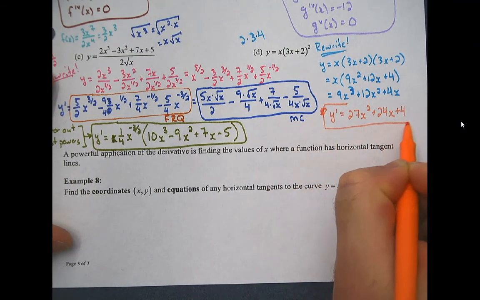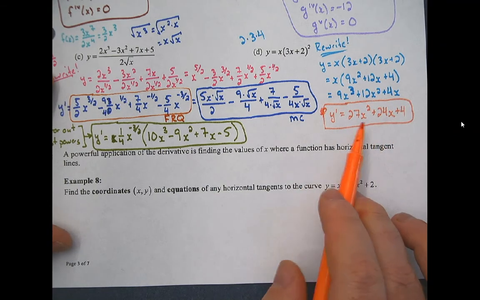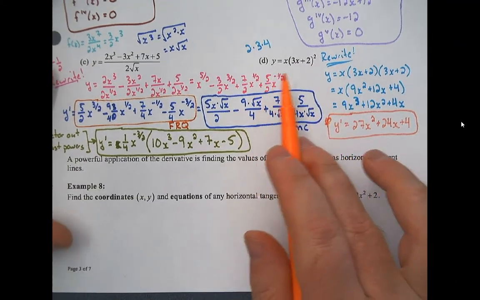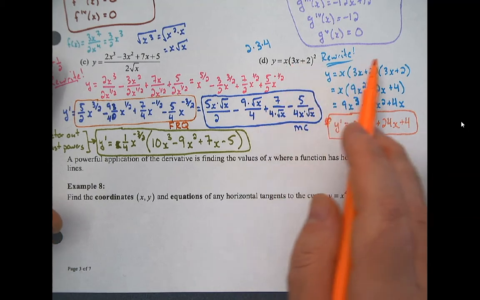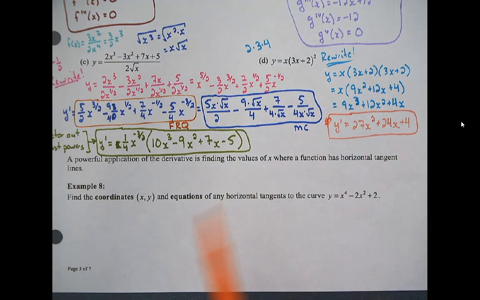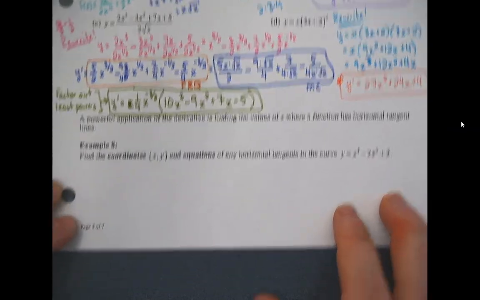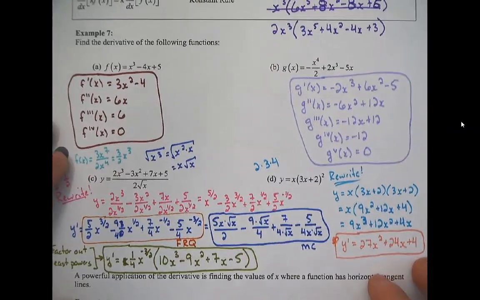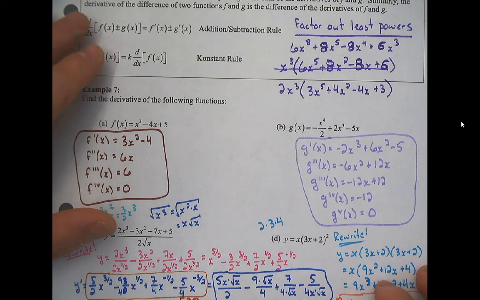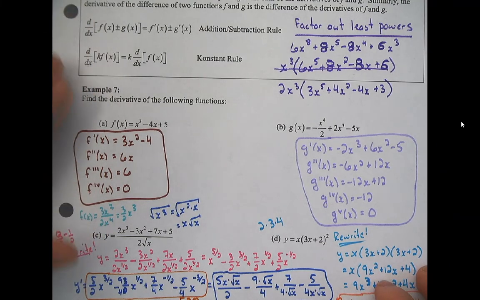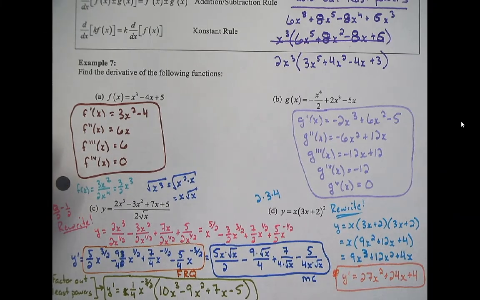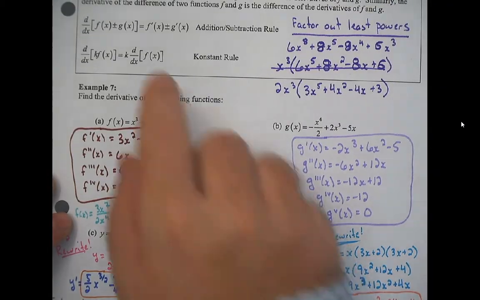So like I said, there is a move called the product rule that we're going to talk about down the road, but you don't want to use it if you could just distribute. That distribution is a lot easier than trying to do the product rule. So if I step back and look at these again, you've got this idea that adding and subtracting don't change the value of your derivatives. The add-subtract rule is very simple.